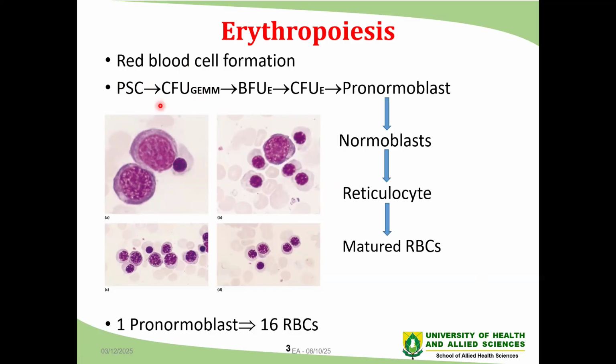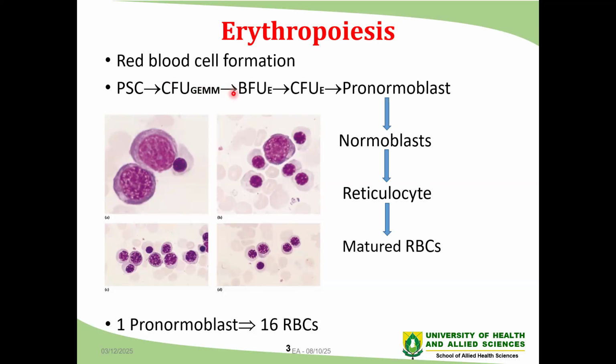So this cell actually has the potential to form granulocytes, red cells, monocytes, and platelets. However, upon the action of erythropoietin from this level, this cell can now differentiate and commit to the path that will lead to the formation of red cells.